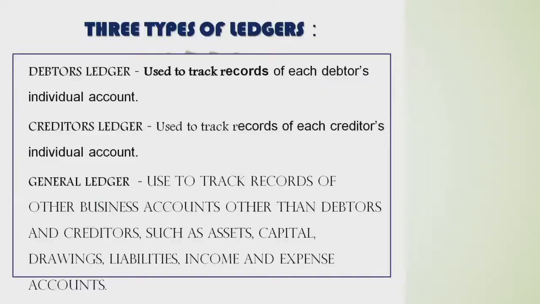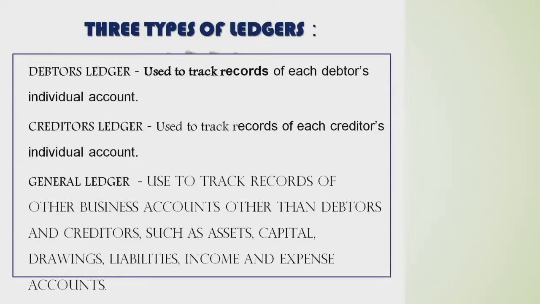Okay, then the general ledger. This general ledger is the one responsible for recording all other information which doesn't fall under the debtors ledger and doesn't fall under the creditors ledger. This information is assets, capital, drawings, liability, income, expenses accounts.